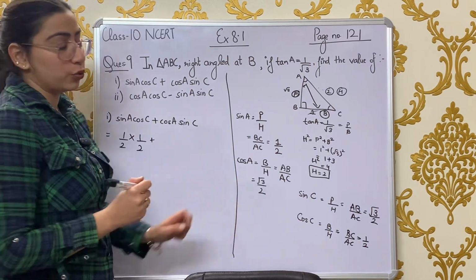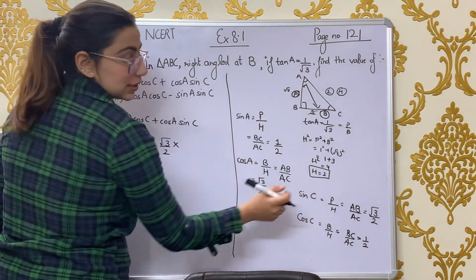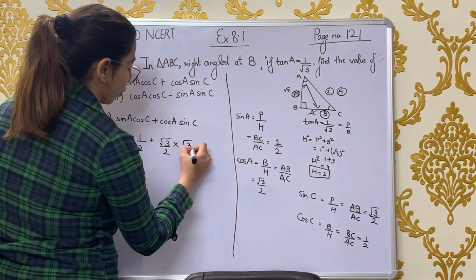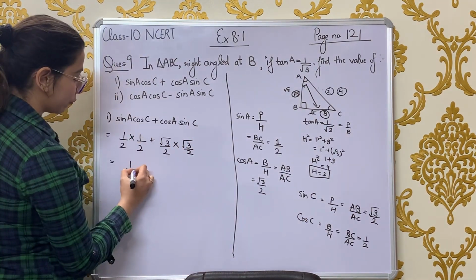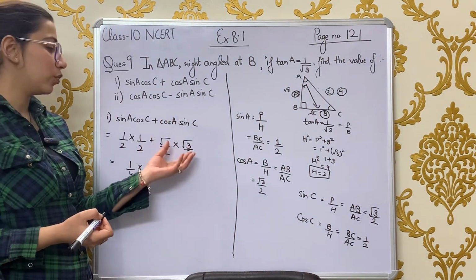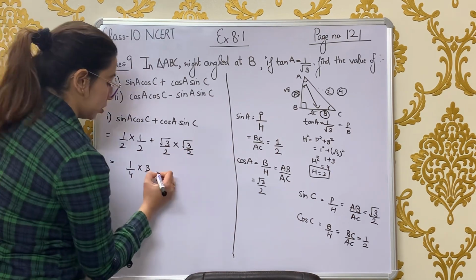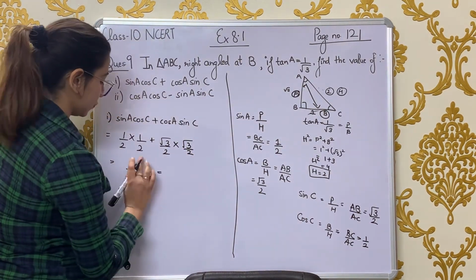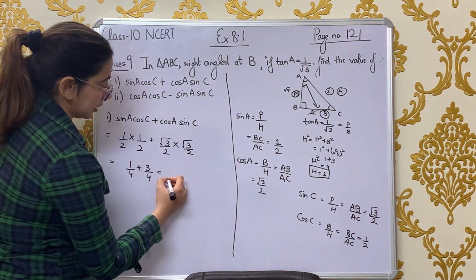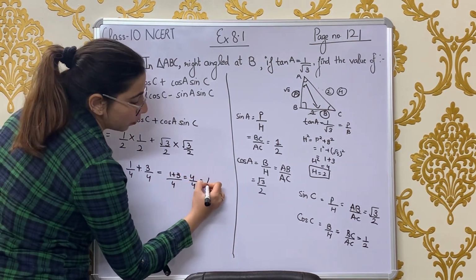Cos A is root 3 by 2 and sin C is also root 3 by 2. Solving this we get 1 by 4 plus 3 by 4. When the same value gets multiplied in a root, we get the value itself. Taking the LCM, we get 1 plus 3 is equal to 4 by 4 equals 1.